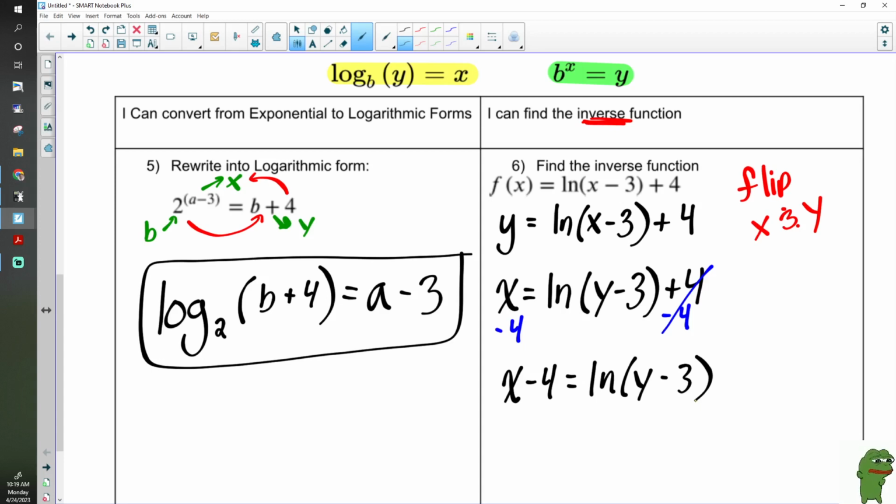Okay. Let's start with our base. The base is the little number by the log, but what's our little number? It's e. ln automatically always has a base of e. So whenever you see an ln, you can write a little e in there. That's the base, e. So that's our b.